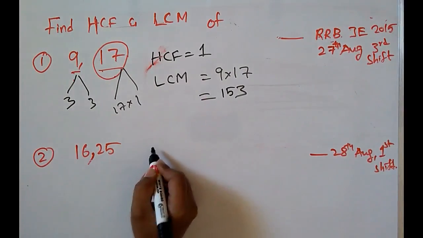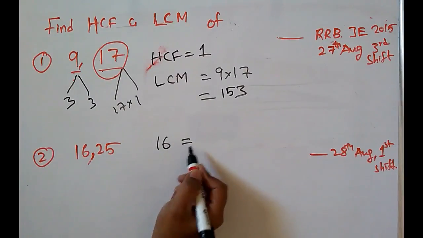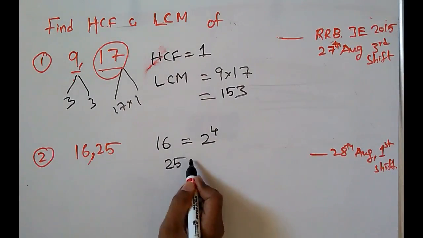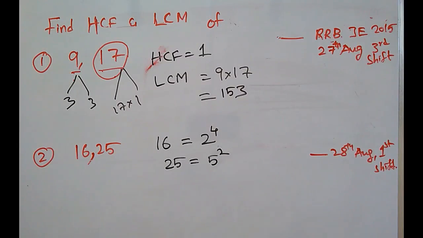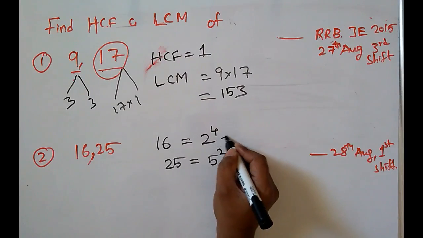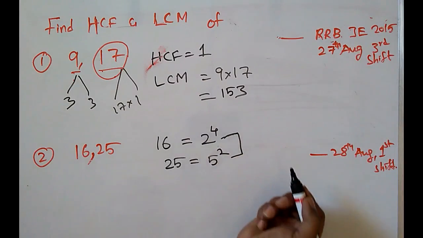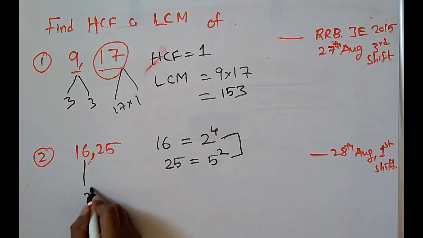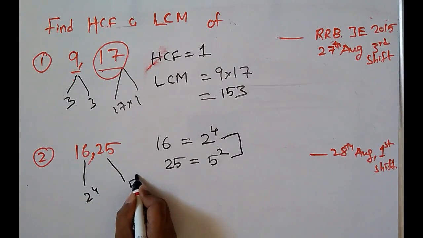17. If you come here for 16, the factors are nothing but 2 power 4, and for 25, the factors are 5 power 2. There are no common factors in these two numbers, whereas for 16 you are getting 2 power 4 and for 25, 5 square.